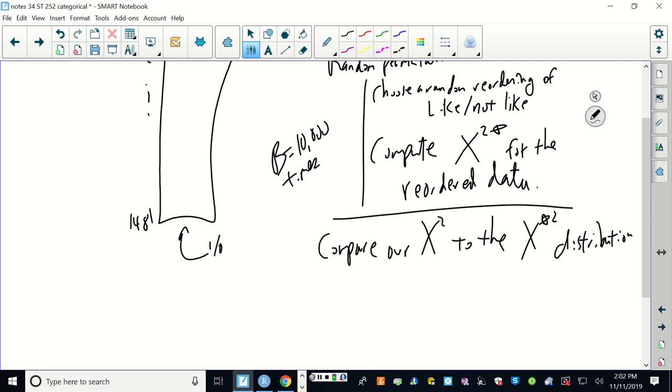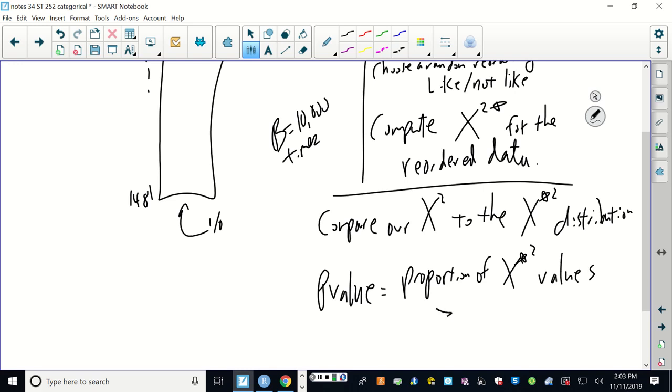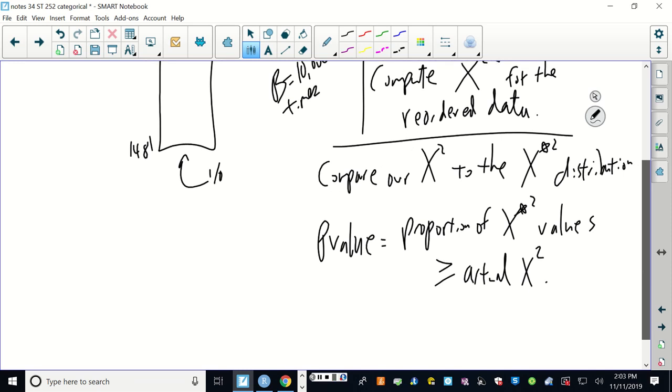If our value is in the upper 5% tail or beyond, it's not something you're going to get very often under independence, right? In fact, our p-value is going to be the proportion of our x star squared simulated values that are greater than or equal to our actual data x squared. And if that p-value is less than 0.05, so that ours is in the upper tail, then we're going to reject the null hypothesis.